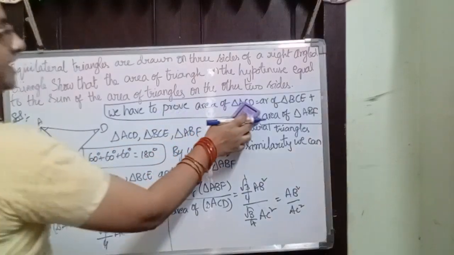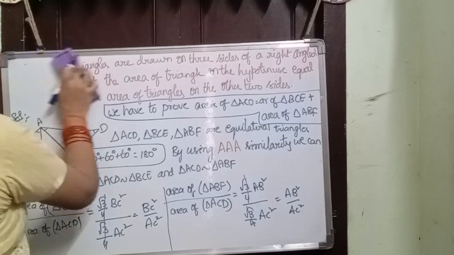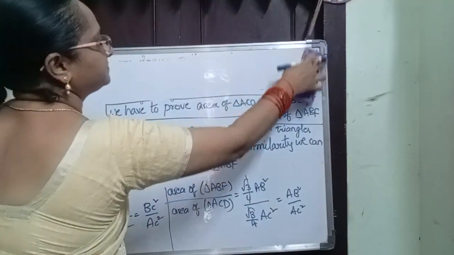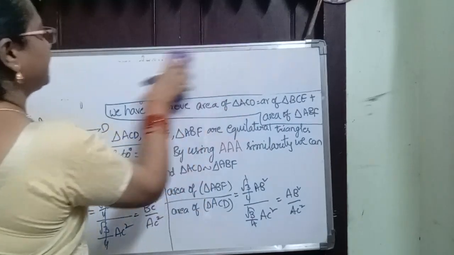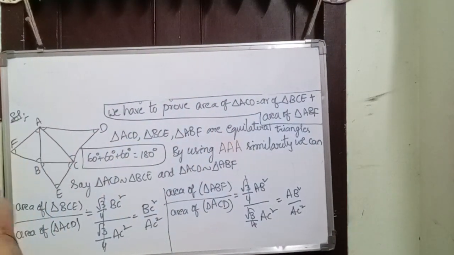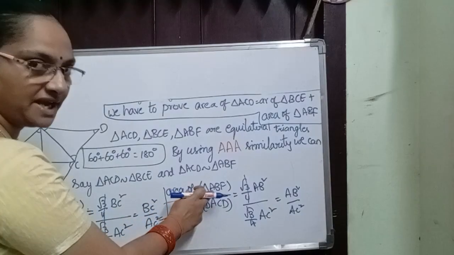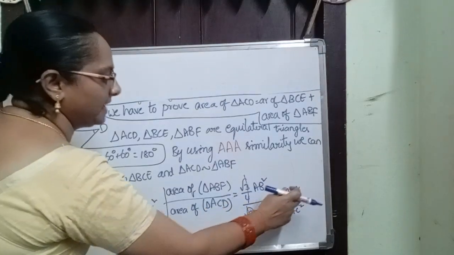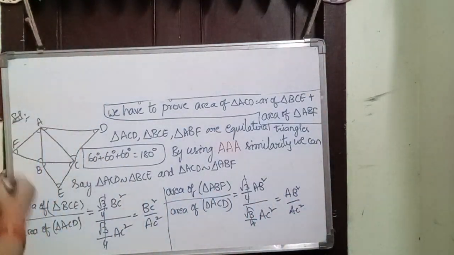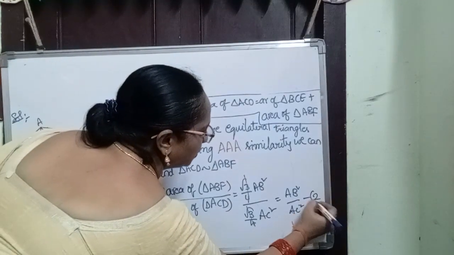So we have to prove that area of ACD equals area of BCE plus area of ABF. Now what we got? Area of triangle BCE by area of triangle ACD is BC square by AC square. Area of triangle ABF by area of triangle ACD equals AB square by AC square. Take this as 1 and this as 2.